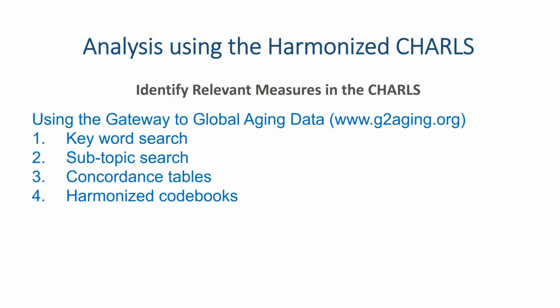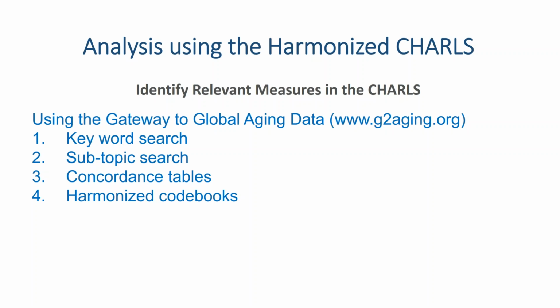Next, we want to identify our variables of interest. And since we'll be comparing it to the HRS later on, we want to make sure that they're comparable. It can be difficult to find different measures that are comparable. So you could download the study questionnaires and look through them, but we've also built in a search function to the Gateway to Global Aging Data and a couple other helpful features for finding these comparable measures.